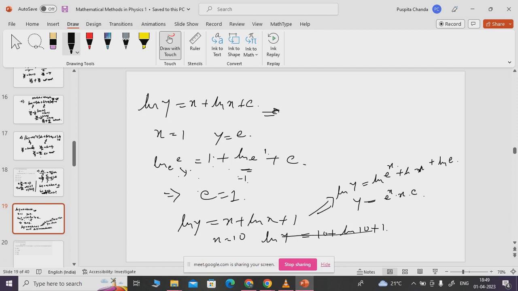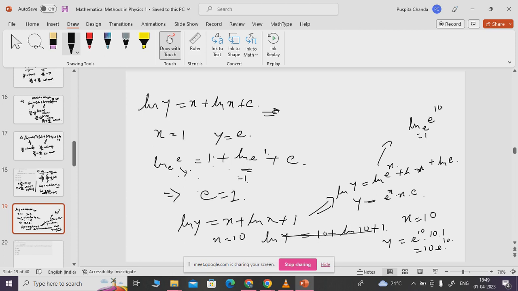So y is equal to e to the power x into x into c. So when x is equal to 10, y is equal to e to the power 10 into 10 into c, which is 1. So 10 into e to the power 10.